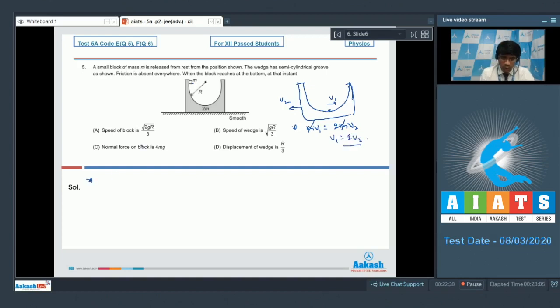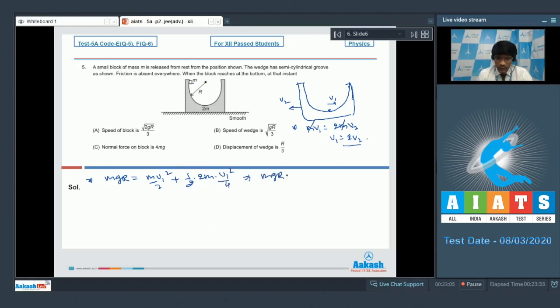So the total potential energy initially is mgr, and kinetic energy now is m v1 square divided by 2 plus 1 by 2 into 2m into v2 square, and it would be v1 square divided by 4.